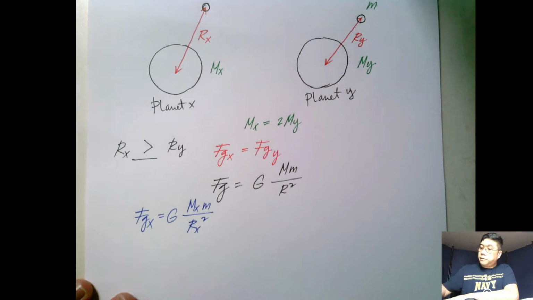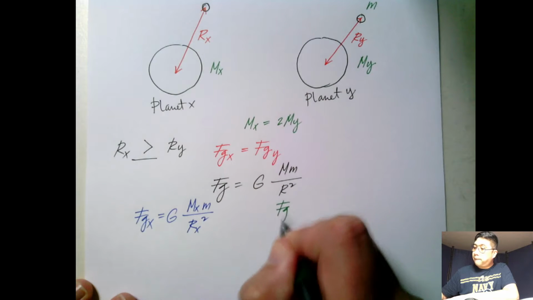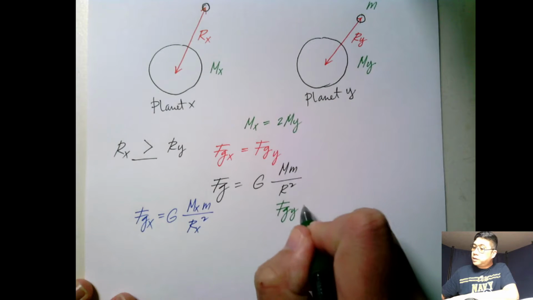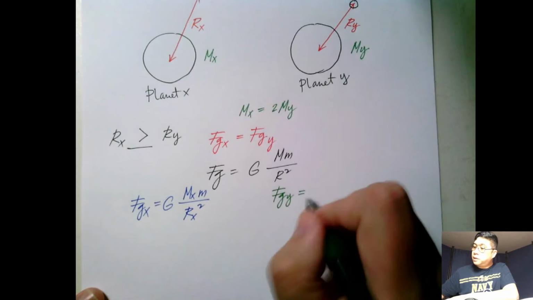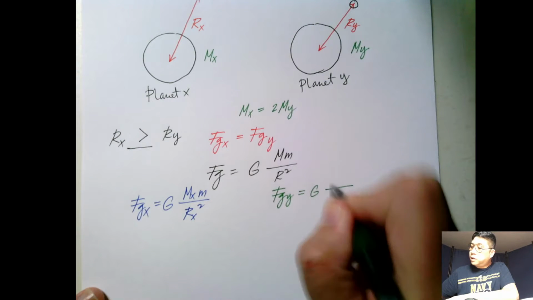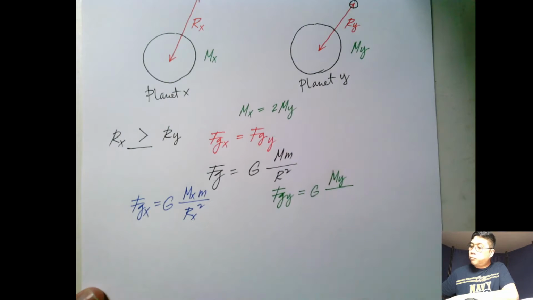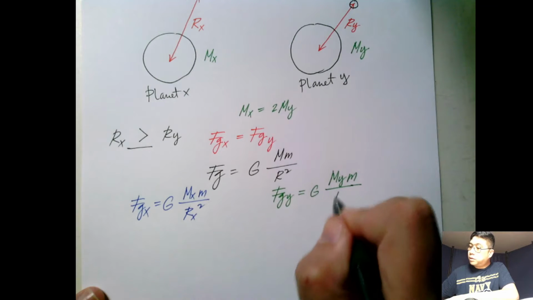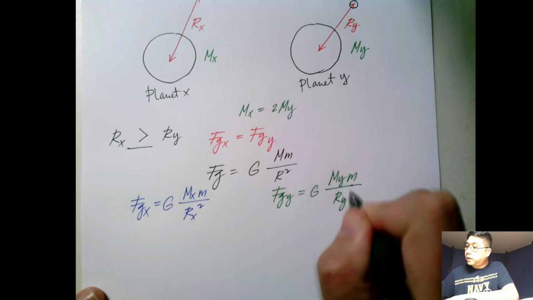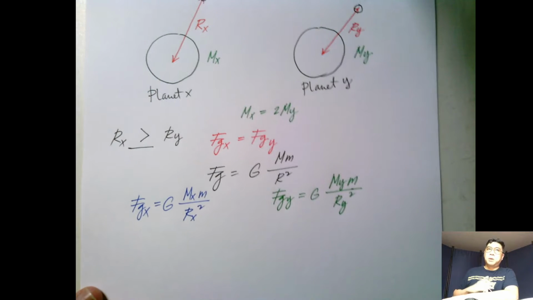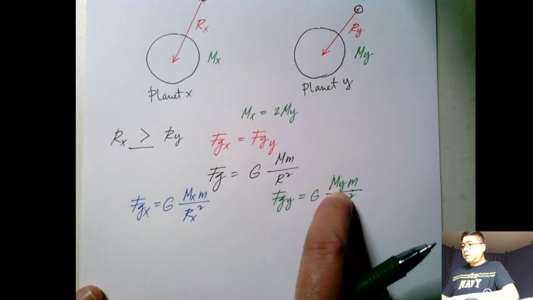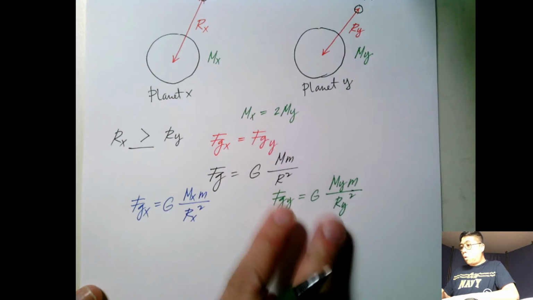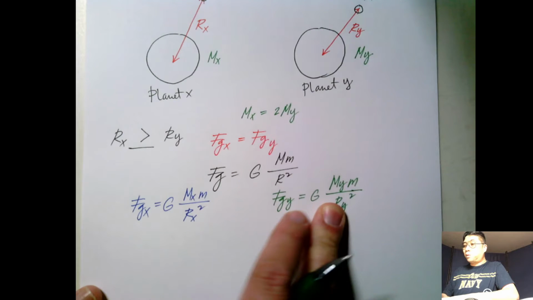On the other side, let's use F of g on Y, which is equivalent to G, m of Y times m over r of Y, squared. So far we don't have to change anything on this side for planet Y and the satellite.